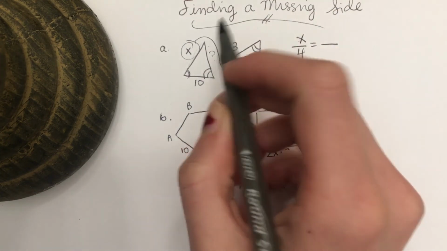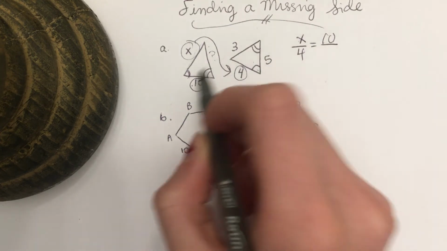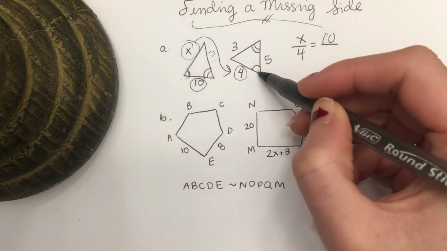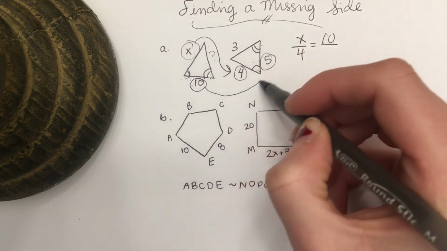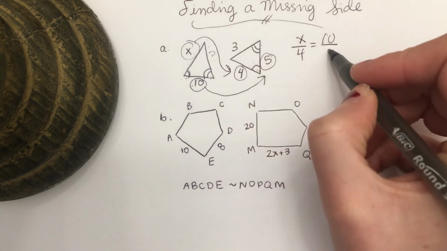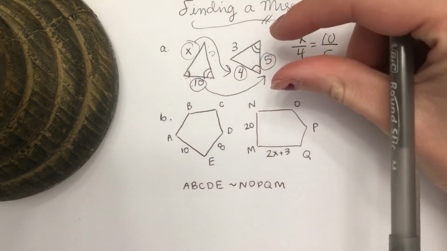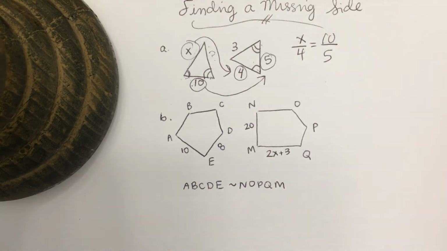There's no measure here, so I'm going to use 10 as my other number. Now 10 is going to correspond with the side that's between 1 and 2 arc marks. And if I go right here, I've got 1 arc mark and 2, right in between there is 5. So 10 is going to correspond with 5. Again, if you can visualize that rotation, you can see how this is being turned. It's being rotated, I should say, counterclockwise.